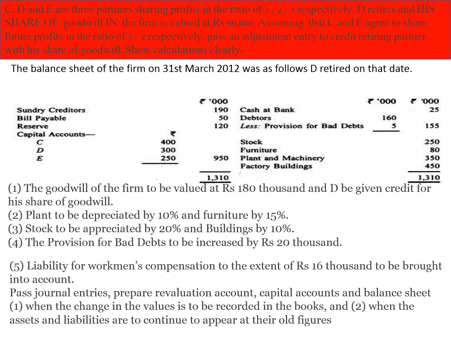First on the debit side, you will show in the same way to plant and machinery 35,000, to furniture 12,000, to land and building 20,000, to provision for workman compensation 16,000. On the credit side, by stock 50,000, by building 45,000.